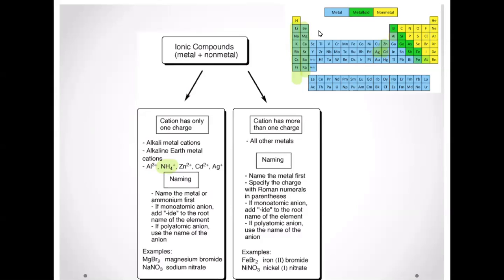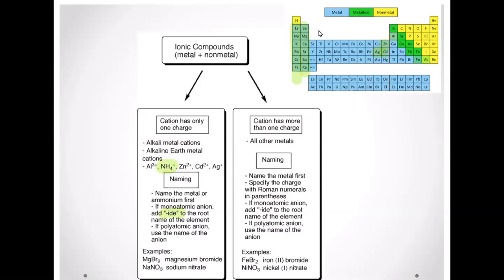Those are the fixed charges. So you name the metal or ammonium first. If you have a monatomic anion, you'll end it in "ide." And if you have a polyatomic anion, you just use the name of that polyatomic ion.